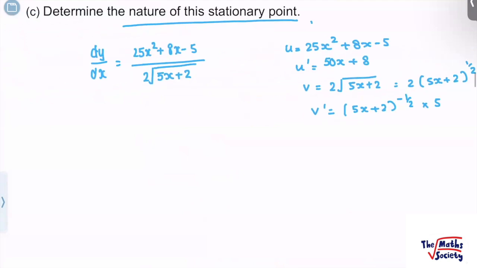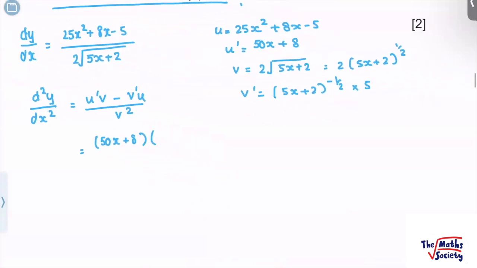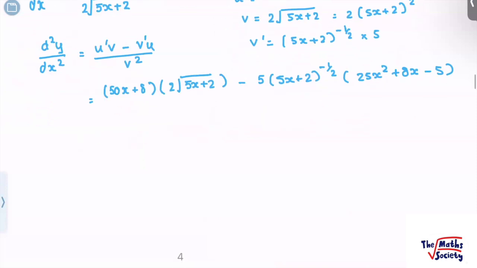multiplied by 5. So we know d squared y by dx squared is u prime v minus v prime u divided by v squared. u prime is 50x plus 8, v is 2 root 5x plus 2, minus v prime, which is 5 times 5x plus 2 to the minus half, and then u, which is 25x squared plus 8x minus 5, and then divided by v squared, which is going to be 2 squared, so that's 4.